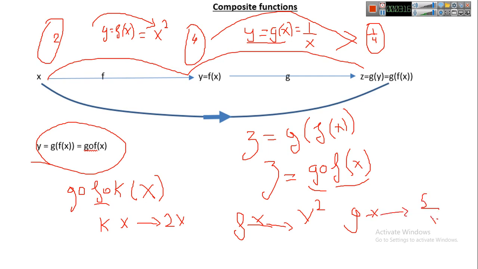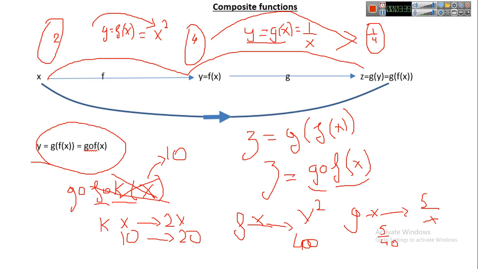Suppose you start with the number x equal 10. We first do k, it will be 20. So this is the answer of k. Then you have f of 20, it will be 400. Then we're done with f. Then we have g, so it will be 5 over 400.